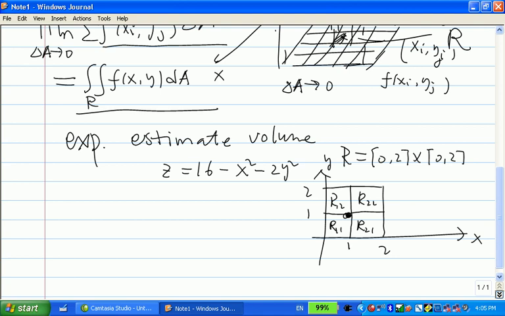Therefore, our volume can be approximated by this. It's just an approximation; you only get the exact one after you take a limit. This really is like 4 volumes added together.